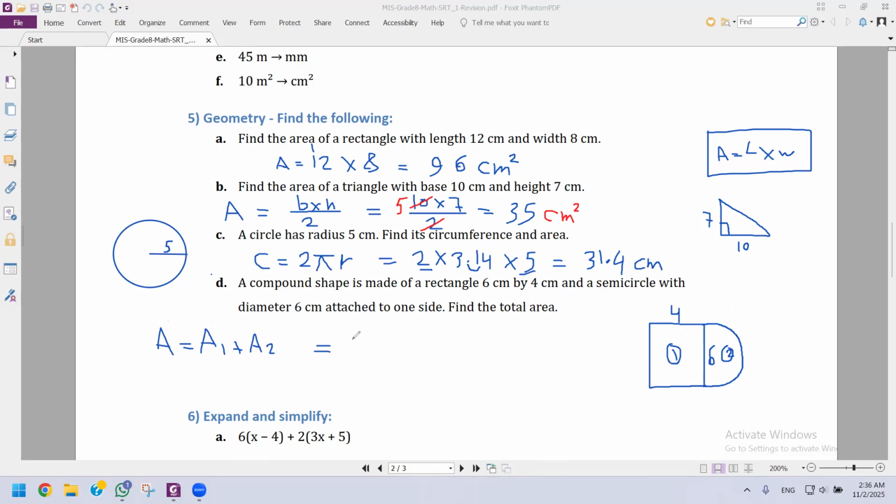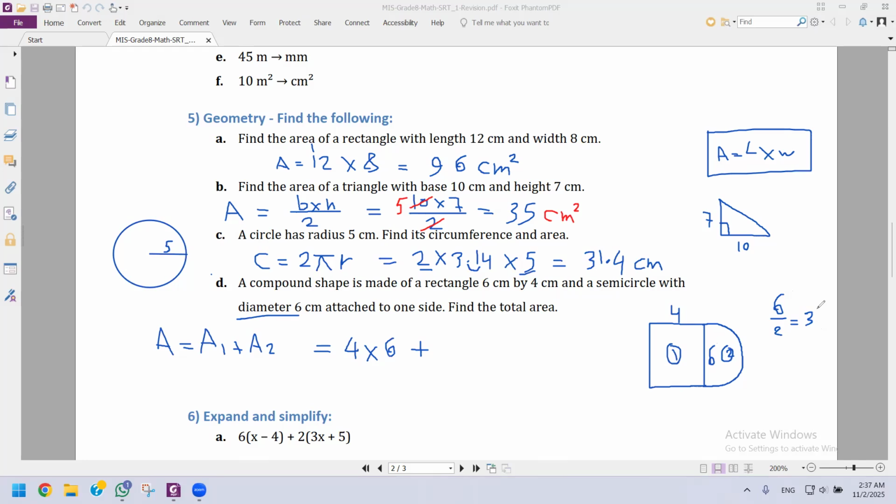What's the area of the rectangle? Base times height, 4 times 6. Then plus, what's the area of the circle? Pi r squared. But here I don't have r, I have the diameter, which is 6. How do I find it? I do 6 divided by 2, which is 3. So this is the radius.